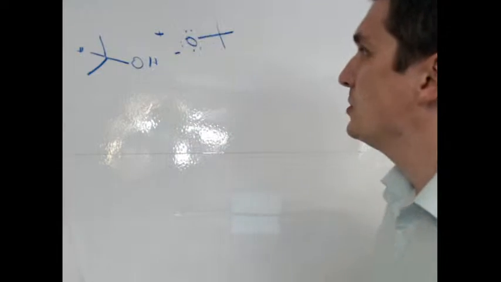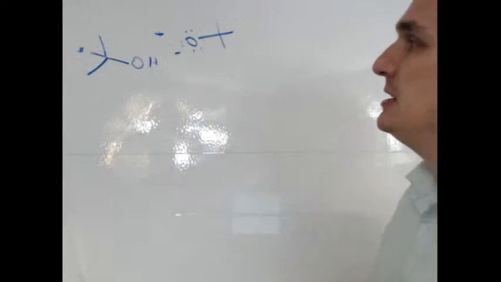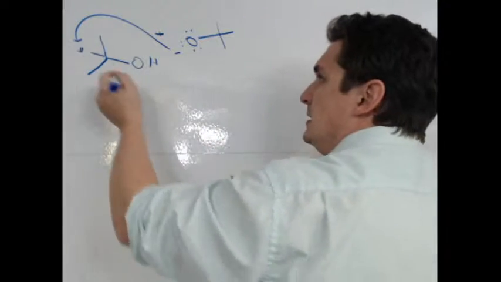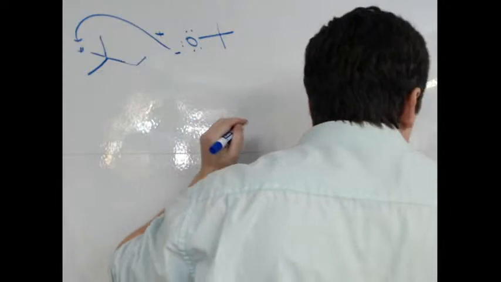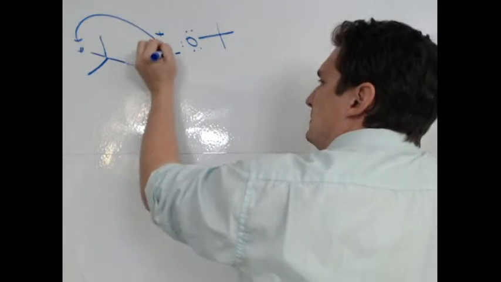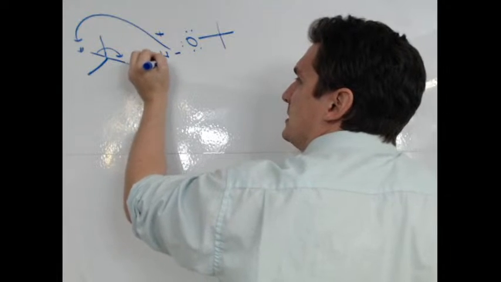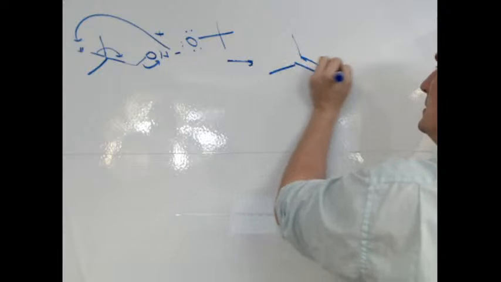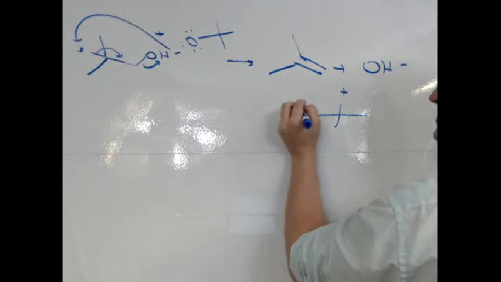What you're going to get more is a mixture; there's going to be some hydrogen exchange, but the big thing here is that your tert-butoxide is going to grab a hydrogen. When it grabs the hydrogen, this bond is going to come down, we're going to displace the OH group, and we're going to end up getting the hydroxide and the tert-butanol.